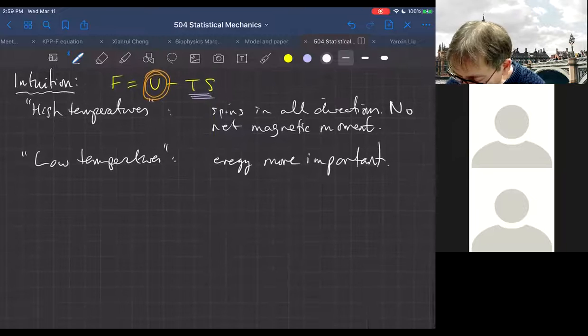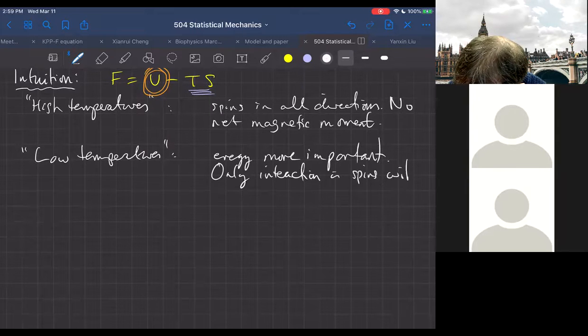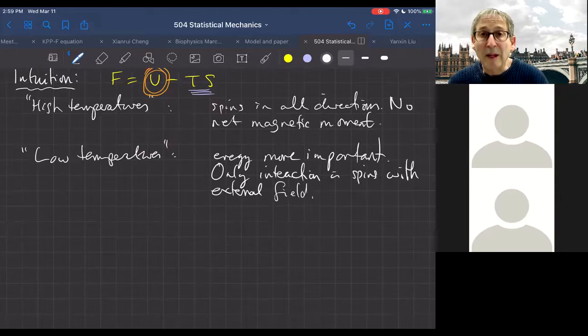Well, the only energy in the system is the interaction with the field. So when you apply an external field, the spins are going to try to align parallel to the magnetic field.